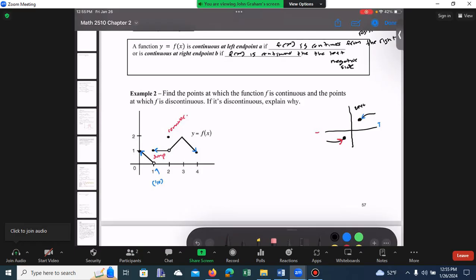So the places of discontinuity for this graph: f of x is discontinuous at x equals 1 because of a jump, and at x equals 2 because of a hole, or removable discontinuity.